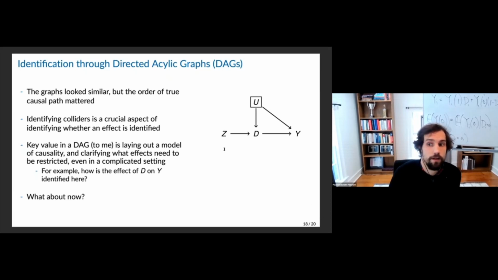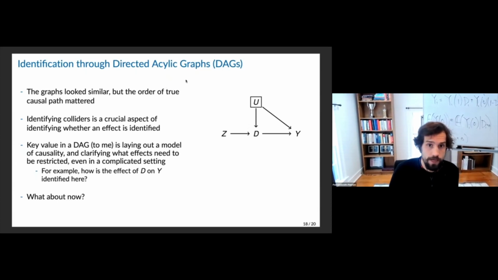What is the question, and the million-dollar question, is can we use those two pieces to identify the effect of D on Y? And so later when we talk about IV, that's what is going to be here. But the key point, just to highlight this, is under this setting, under purely unrestricted heterogeneous effects, so we haven't put any restrictions on the types of effects, it's not identified right now.